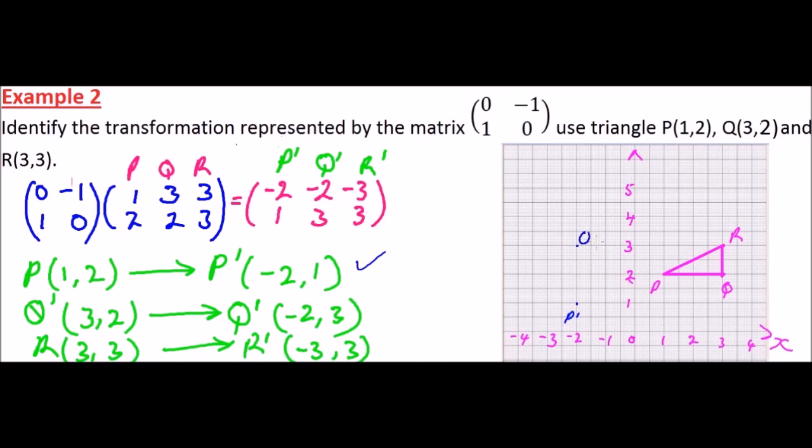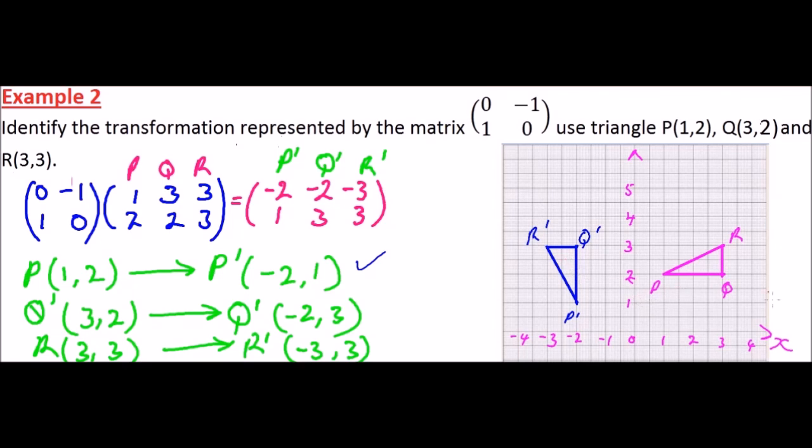Let's change our position of Q. So minus 3, 3 will be there. So that is where we have our R, the image of R. So we are going to join the 3 points to come up with a triangle. So that is a triangle of our image.